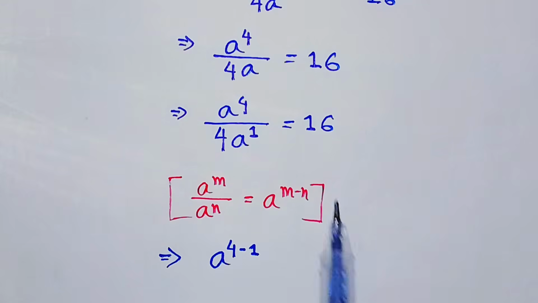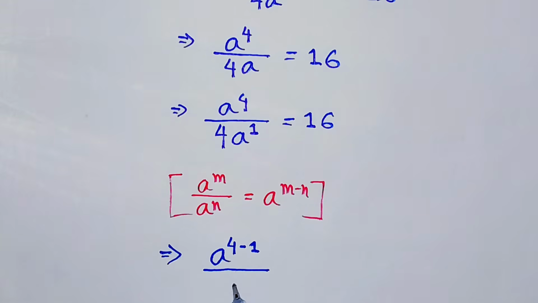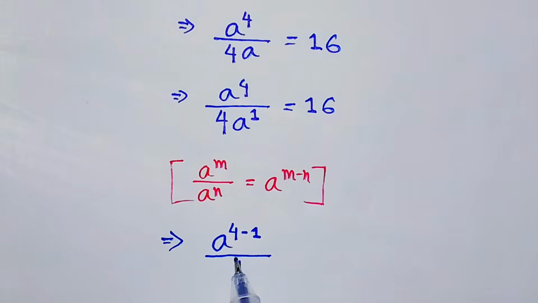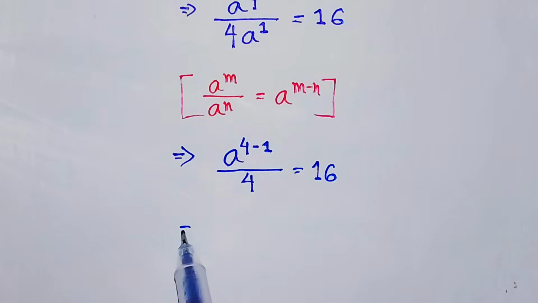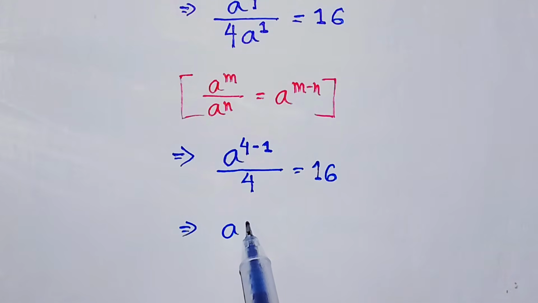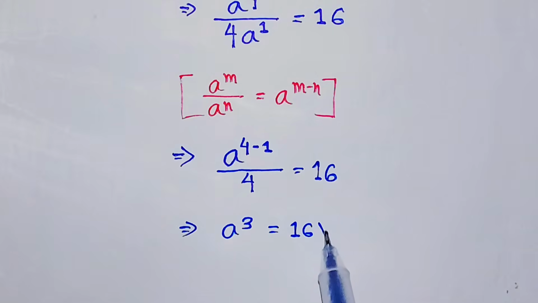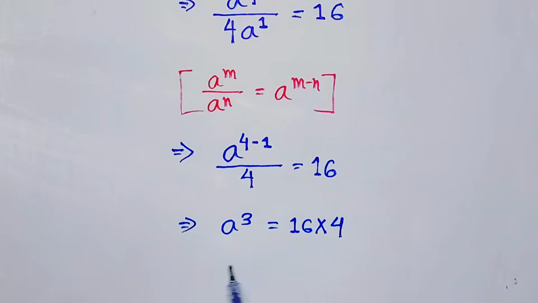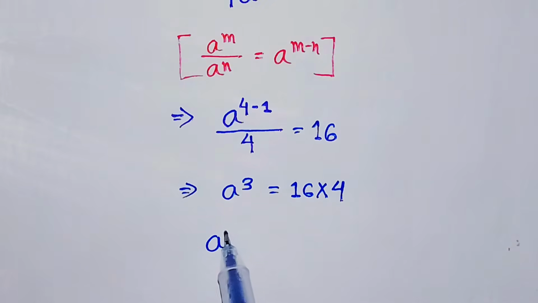Then we'll write this divided by this 4 in here, and this 16 will be in here. So then after we'll write a cube equals 16 times 4, and 16 times 4 equals 64.